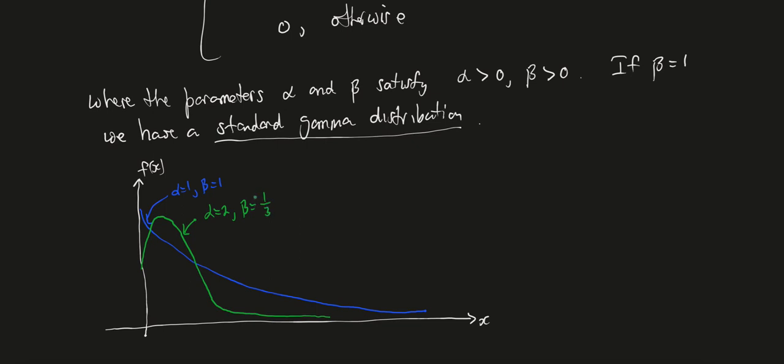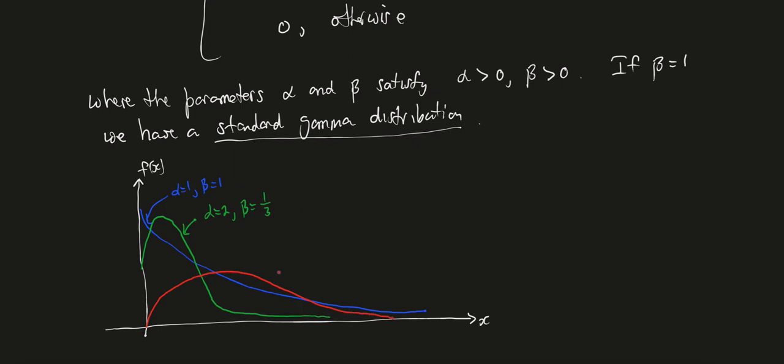What if alpha is 2 but beta is 1? Then you're going to end up with something that looks like this, where it's a little bit flatter, goes up, comes back down.